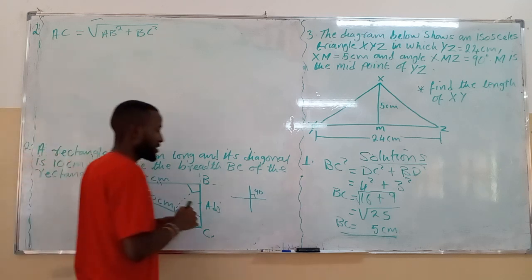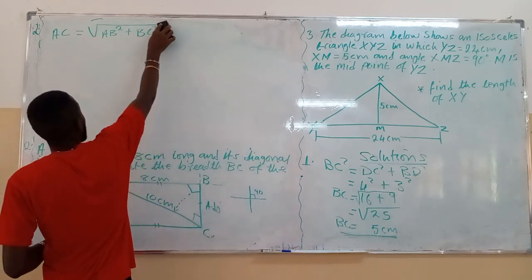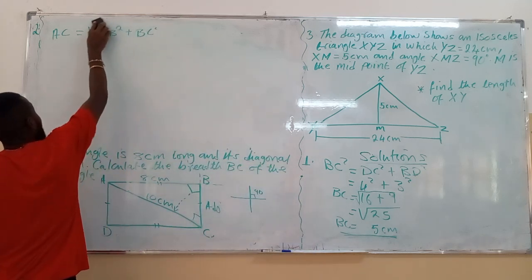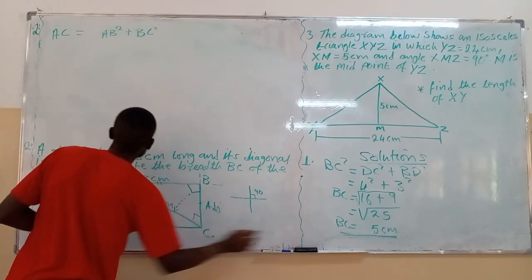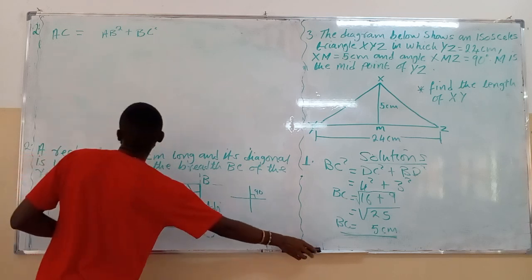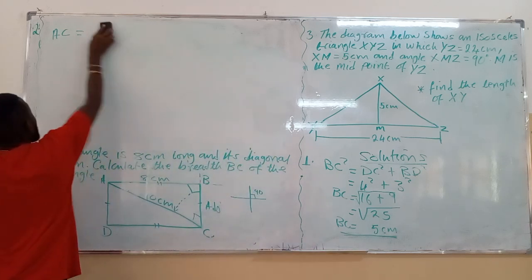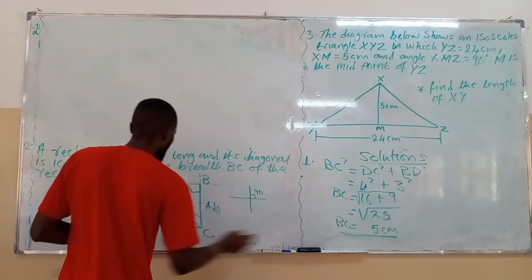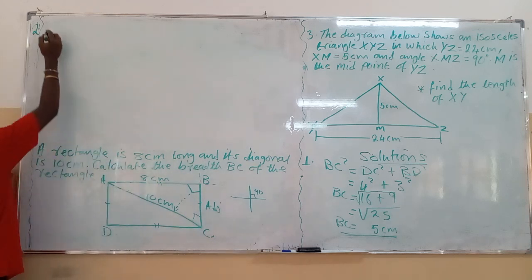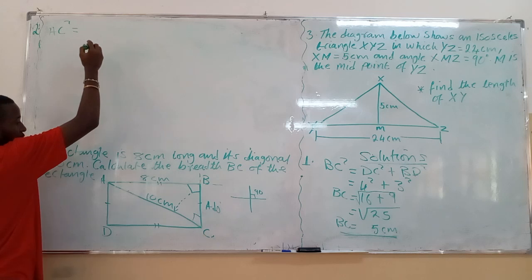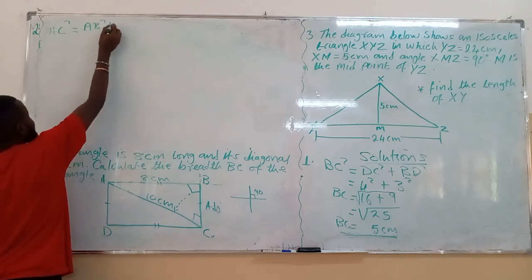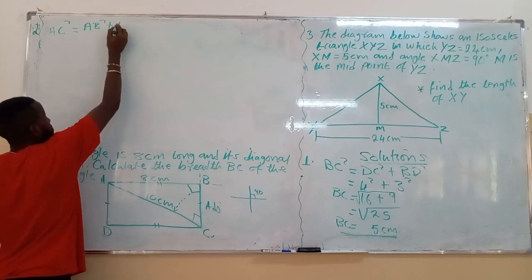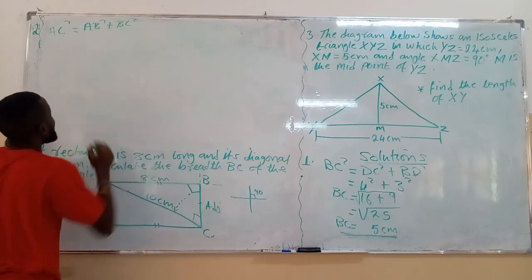Good. I'm finding BC. So before we introduce the square root, I want us to see the way we can write these formulas first. Let us do it like this. We have AC squared is equal to AB squared plus BC squared.